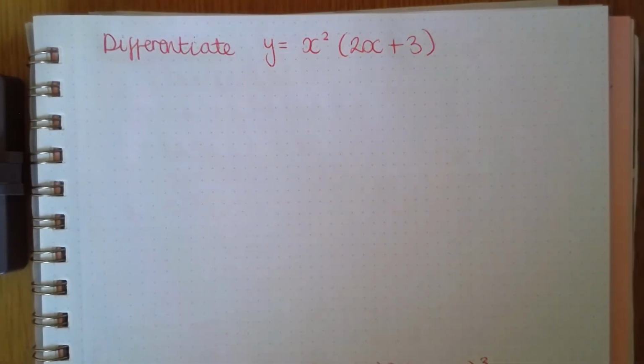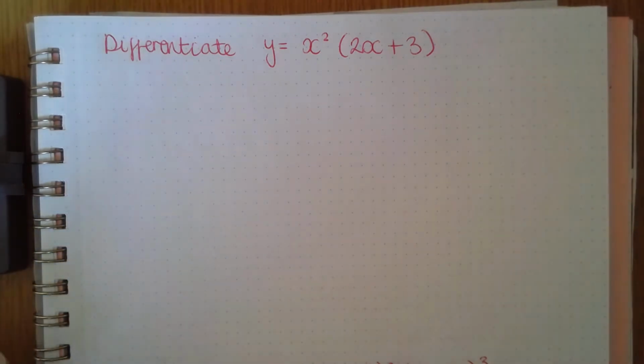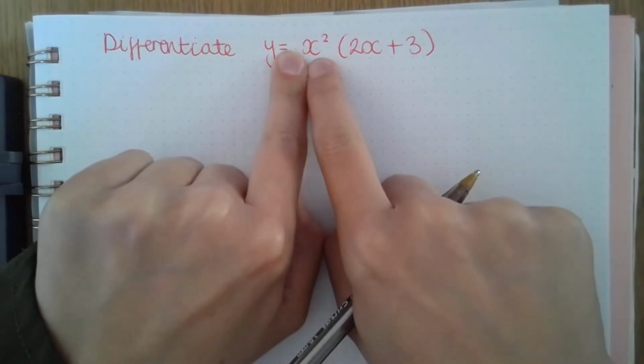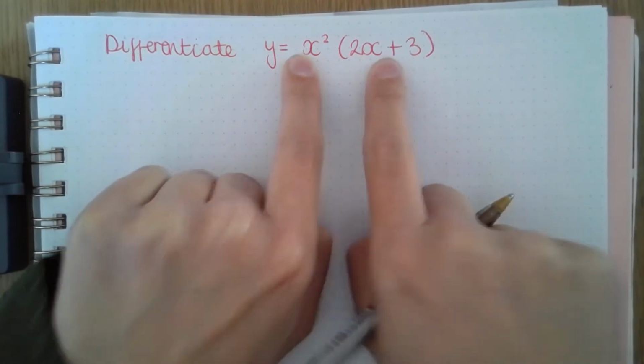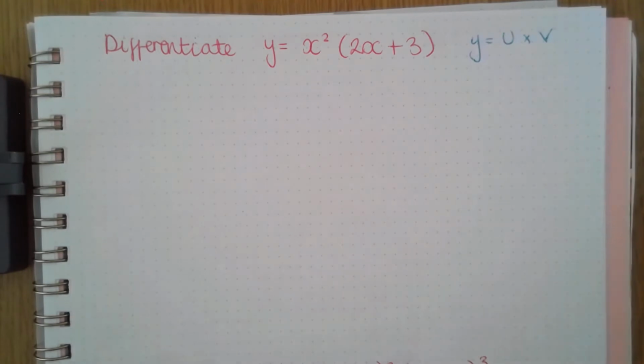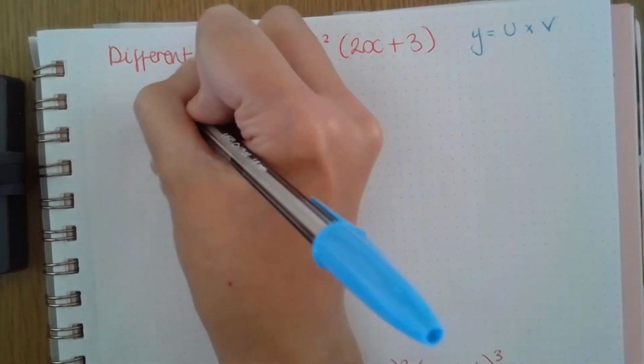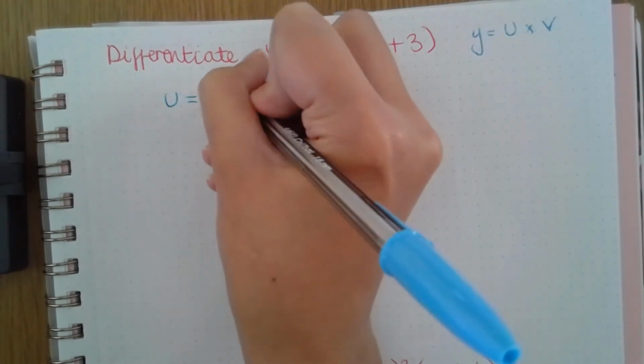So your first example is this one. Differentiate y equals x squared (2x plus 3). So we know we've got y equals something times something else. They've both got x's in. So we know we've got something that looks like y equals u times v. So I'm going to say that my u is equal to x squared.